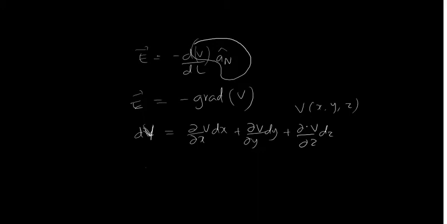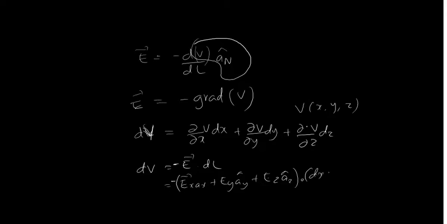Now also we have discussed that dV is equal to E dot dl, right? If you integrate, we will get V is equal to minus integral of E dot dl. So from this one it will be E is equal to Ex ax cap plus Ey ay cap plus Ez az cap, dot dx ax cap plus dy ay cap plus dz az cap.